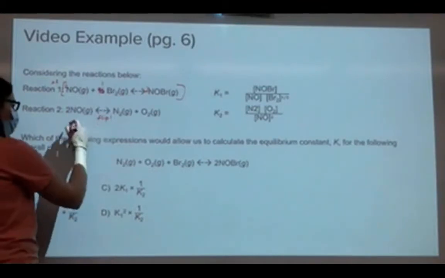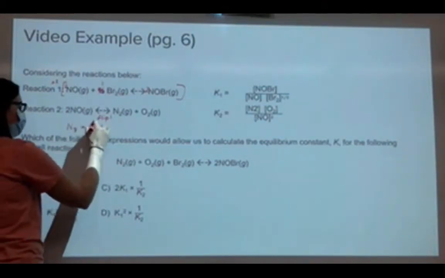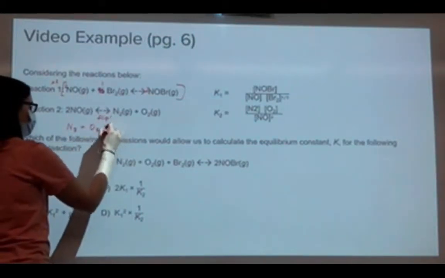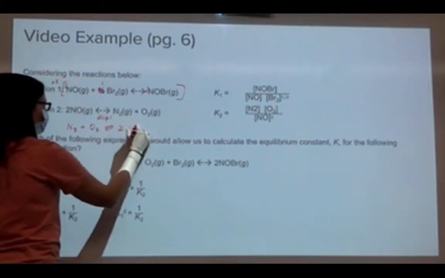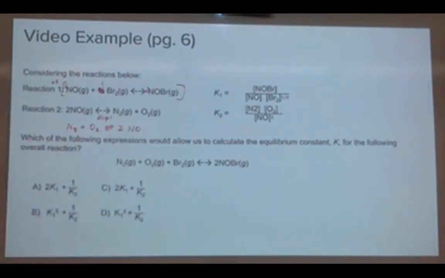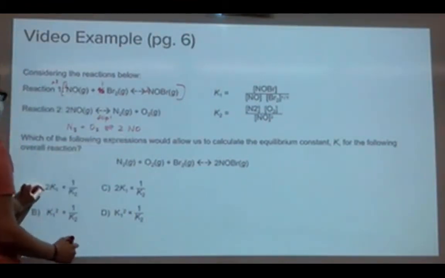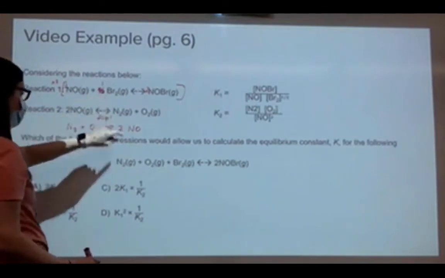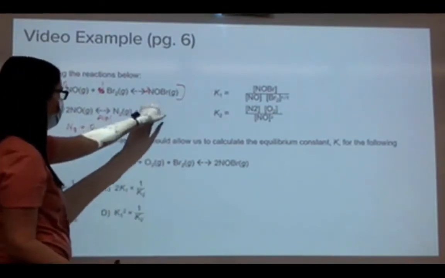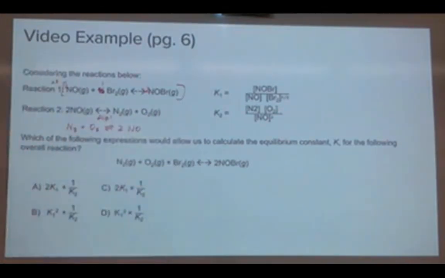If I flip it, it becomes N2 plus O2 at equilibrium with 2NO. Then I notice that the 2 NOs will cancel. I have N2, O2, Br2 at equilibrium with 2 NOBr. So I've manipulated these 2 equations so that when I add them together, they become the overall reaction.